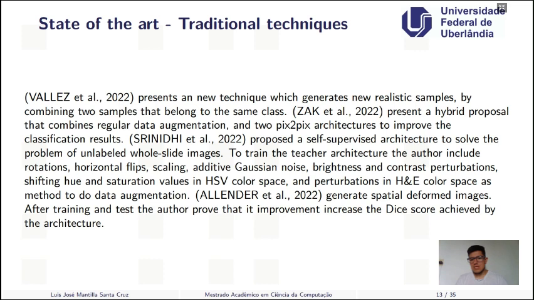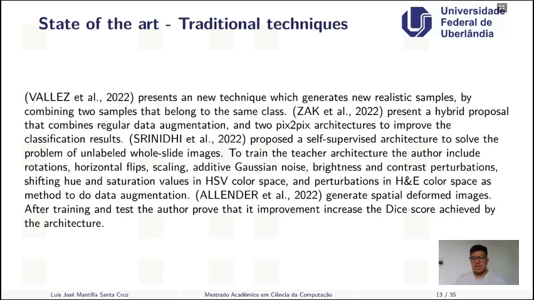Well, the article presented by Zach presents a hybrid proposal combining regular data augmentation and a pix-to-pix architecture to improve basically classification results. However, this paper just uses regular data augmentation techniques, and it could not be considered a GAN technique.